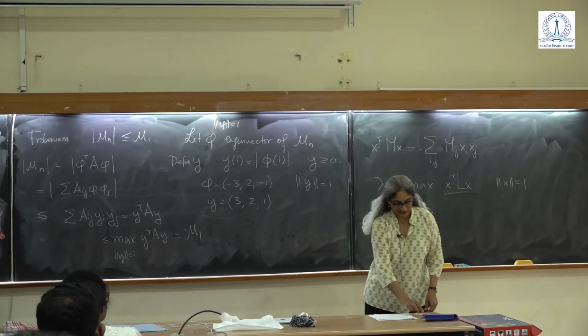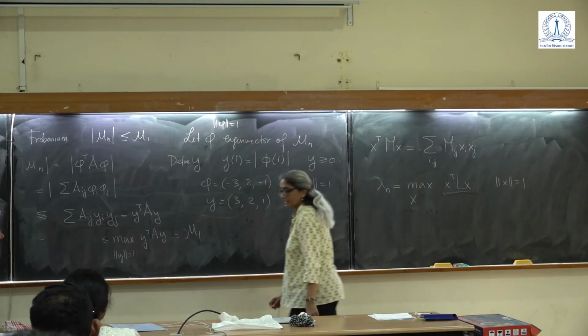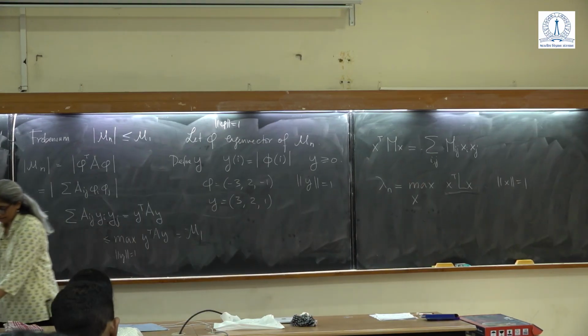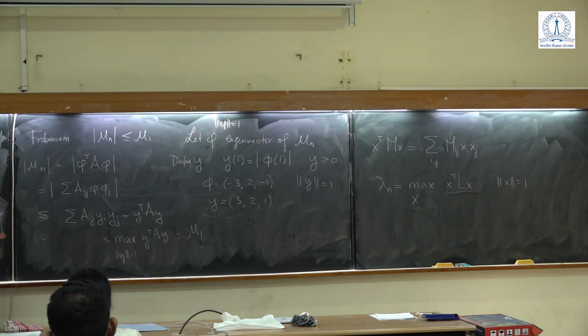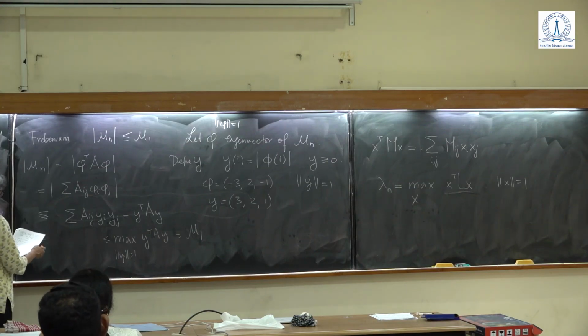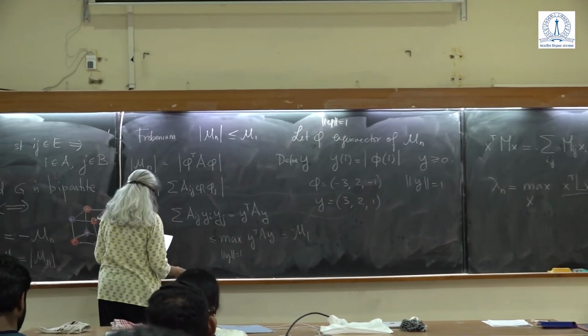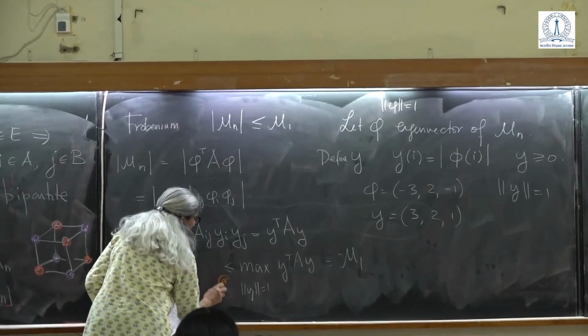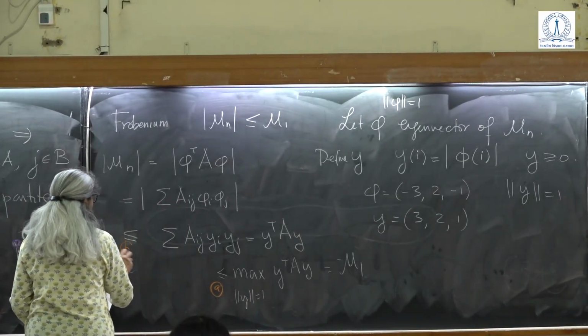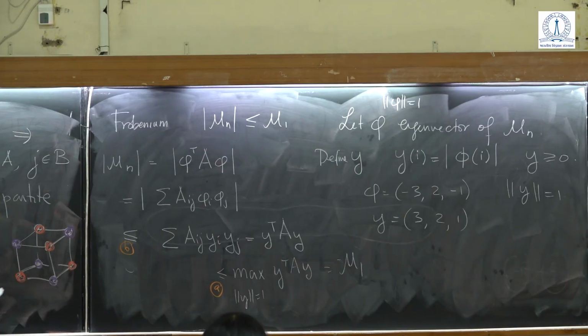I'm going to give some names to these inequalities. This first inequality is A, and this inequality is B. So let's look at those two inequalities.